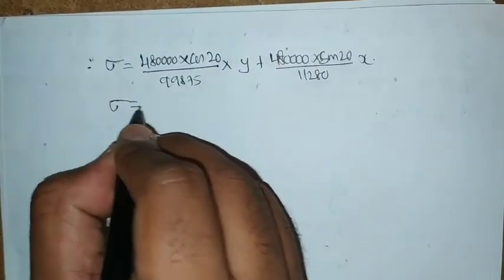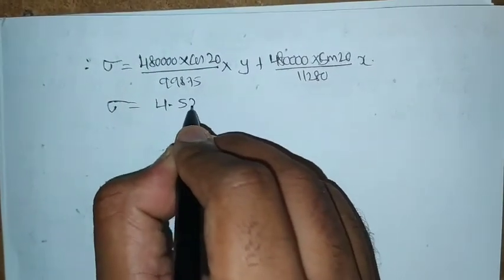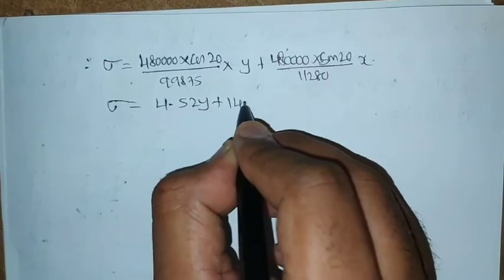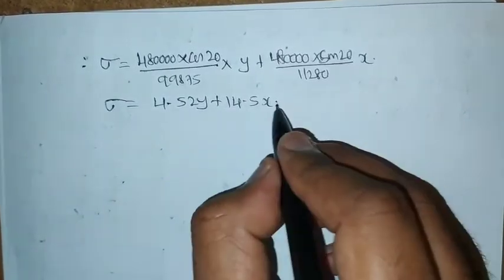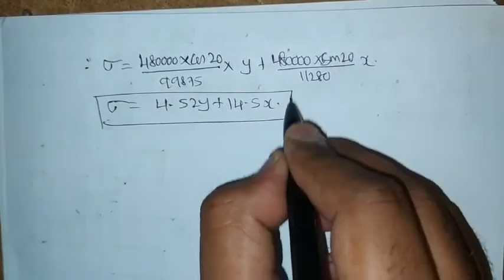So by substituting this we will get the equation as 4.25y plus 14.5x. So this is the stress we will get.